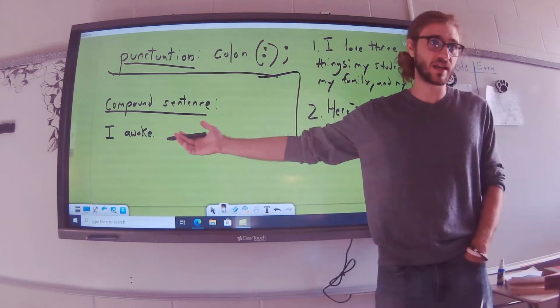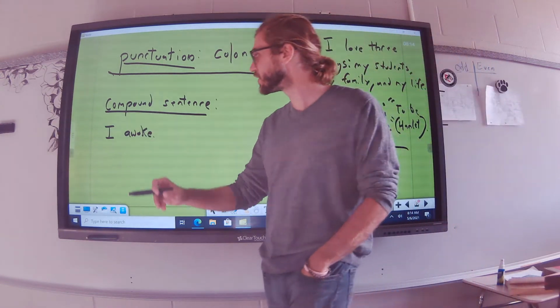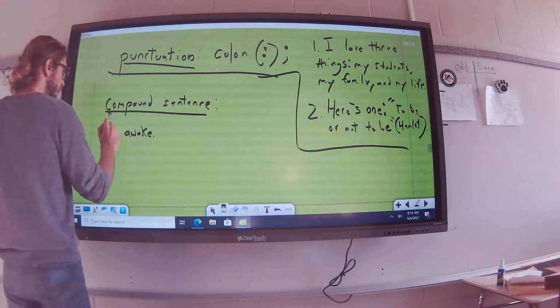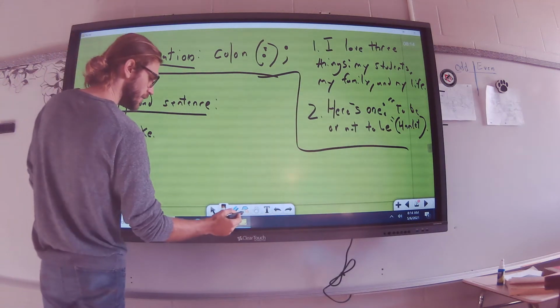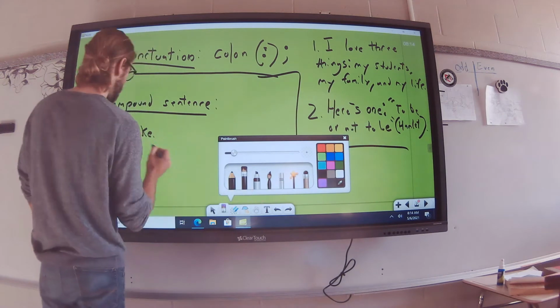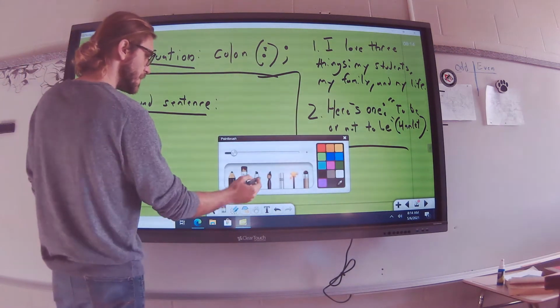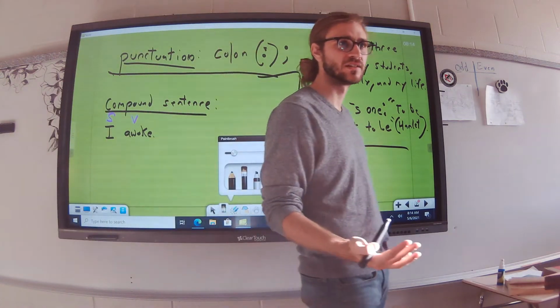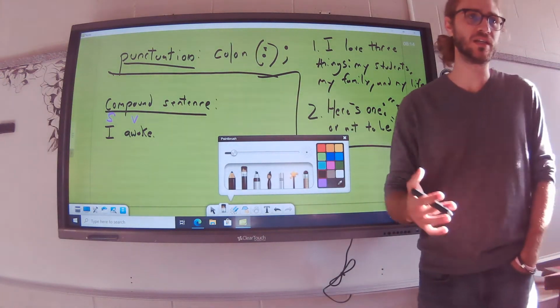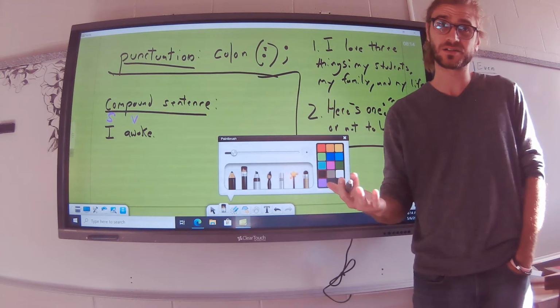But so this is an independent clause. We have a subject and we have a verb. We have a little subject here, we have a verb here. Now, if we want to make this a compound sentence, then what we need to do is attach another independent clause to it.